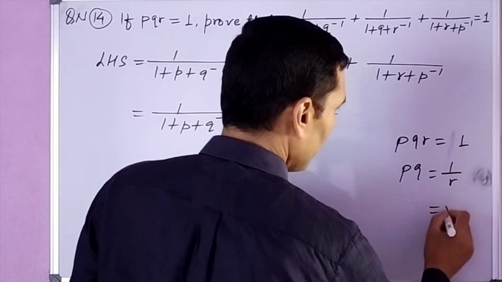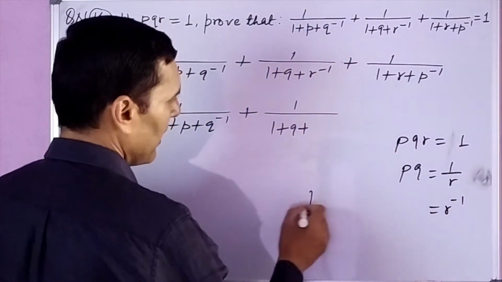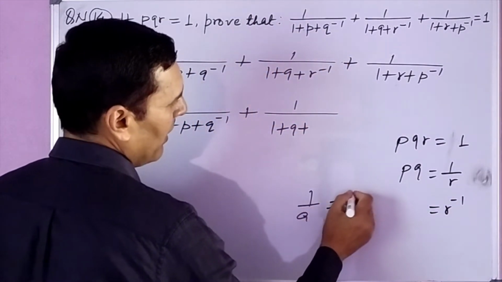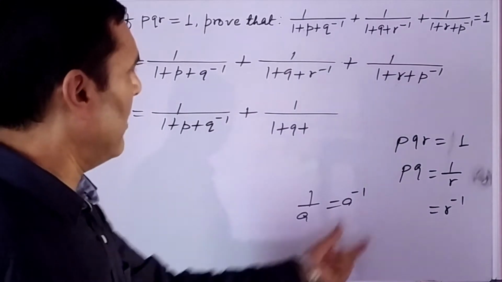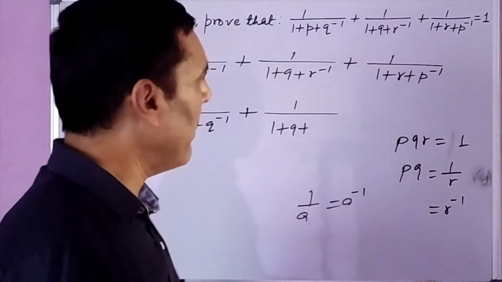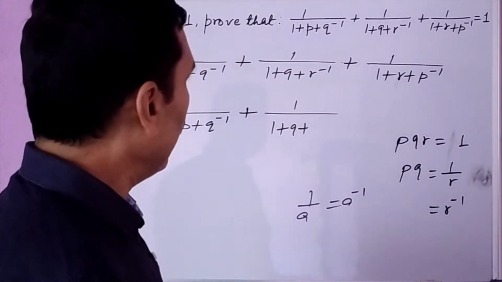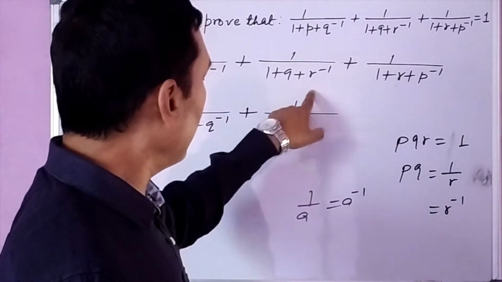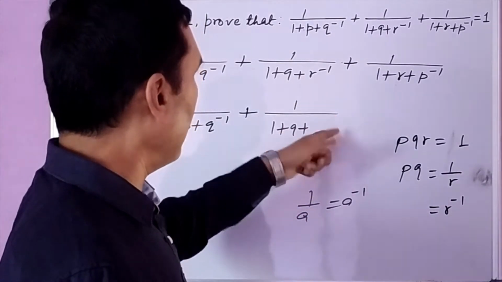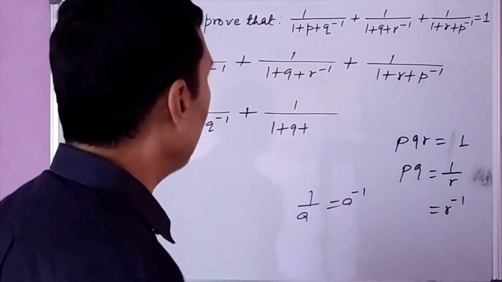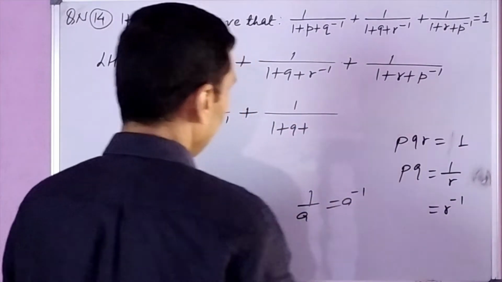If it is brought up, R to the power minus 1, because you know that 1 upon A is equal to A to the power minus 1, or A to the power minus 1 is 1 upon A, according to the law of index. Now this R to the power minus 1, R inverse also we say, it is PQ.